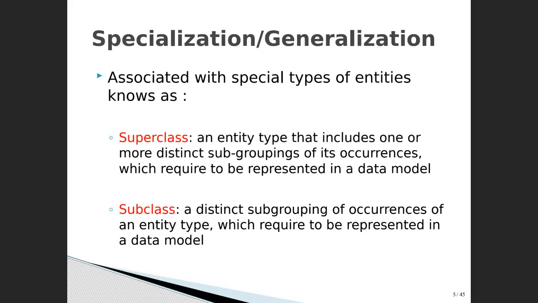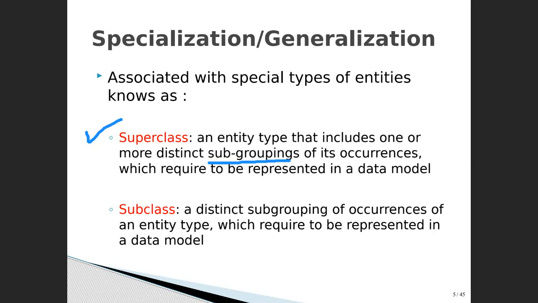As I said, there are two concepts; we can have two types of entity types: superclass and subclass. A superclass will include one or more distinct subgroupings, so it might include more than one subclass.